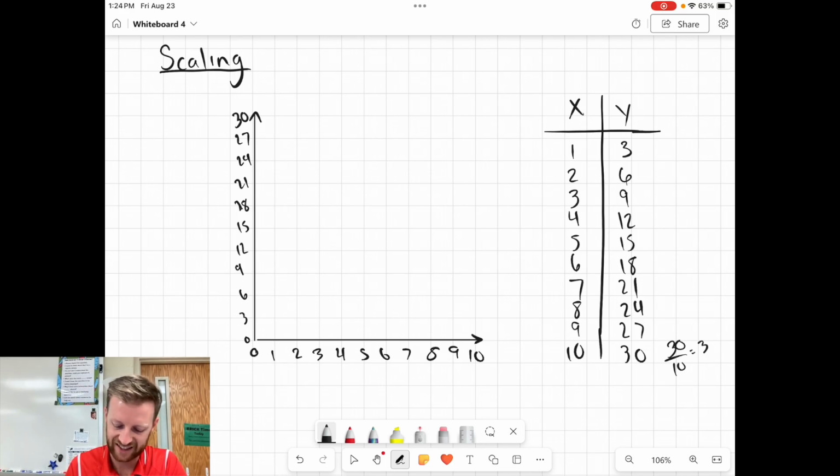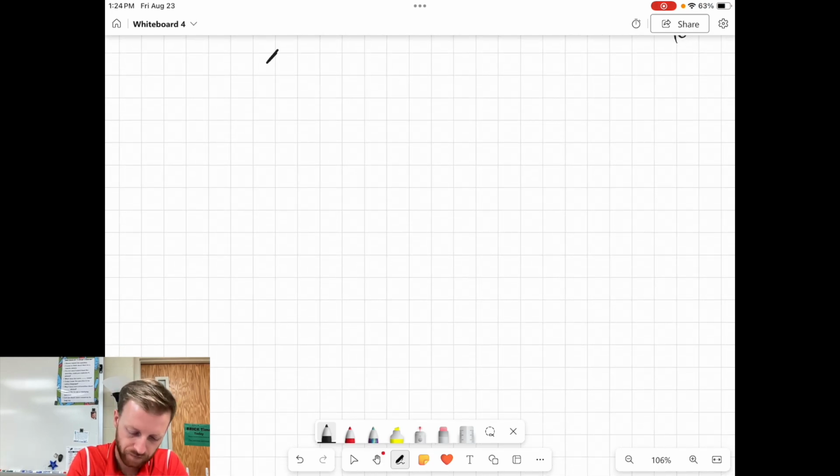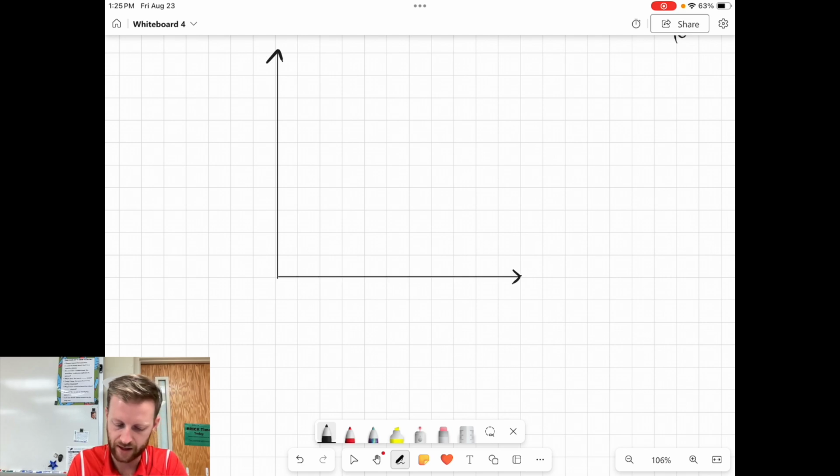However, sometimes our data isn't exactly what we want it to be. So we don't have this clean, 10 and 10 that we've talked about. So let's try again here. Let's make one more graph. So 10 and 10.